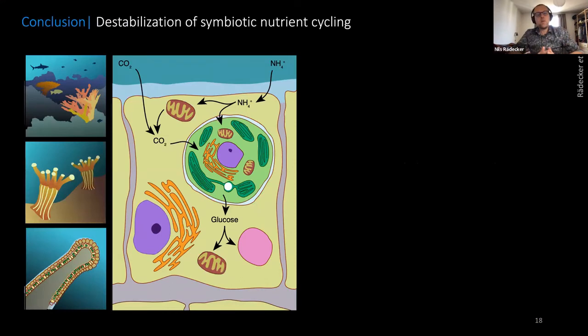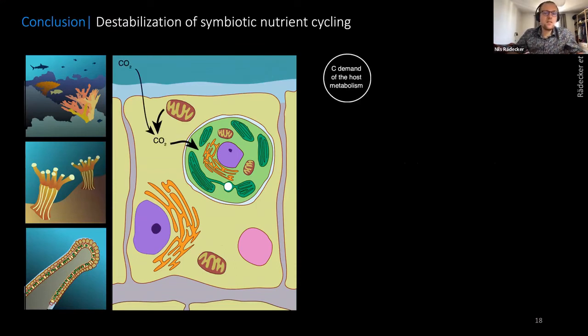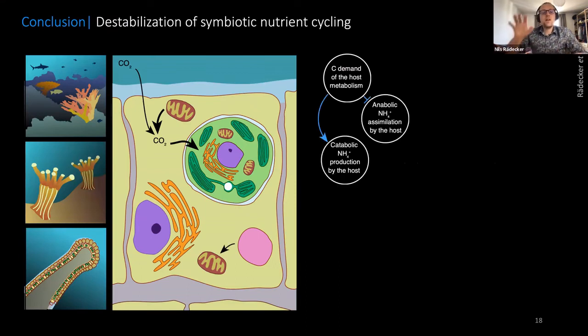So coming back to our overall nutrient cycling, what does that mean? During heat stress, probably the first response we see is increased metabolic activity of the host and increased carbon demand. And this, in part, is fulfilled by using any biomass energy reserves the host has, and also by cutting down on synthesis of new biomass in the form of amino acids.